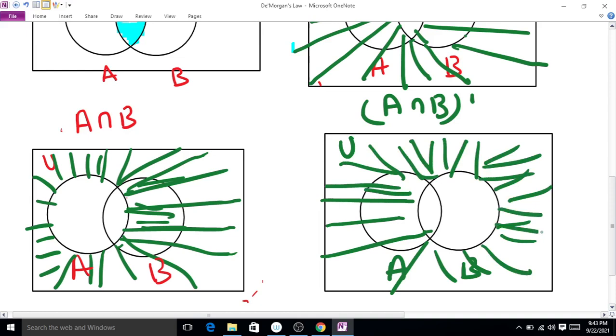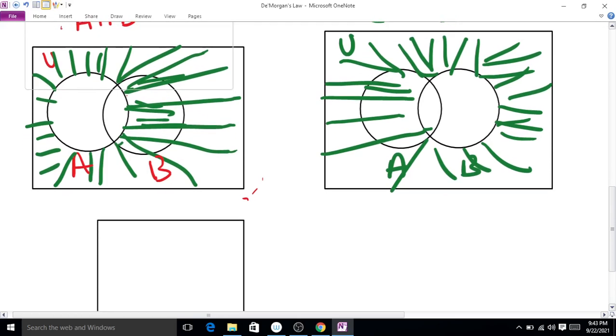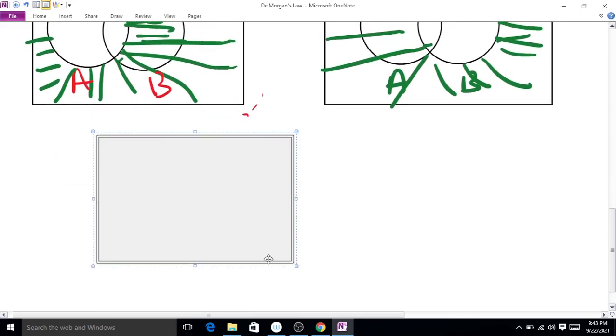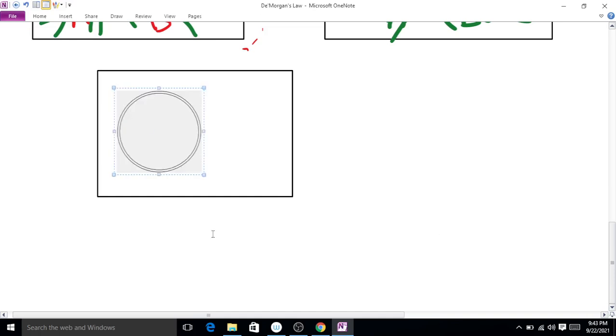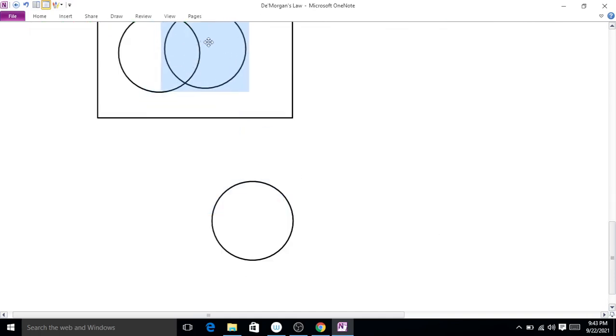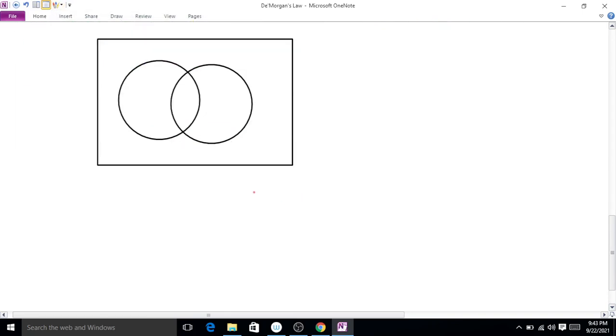So now we want to determine A complement union B complement. Suppose this is set A, set B, this is universal set U.